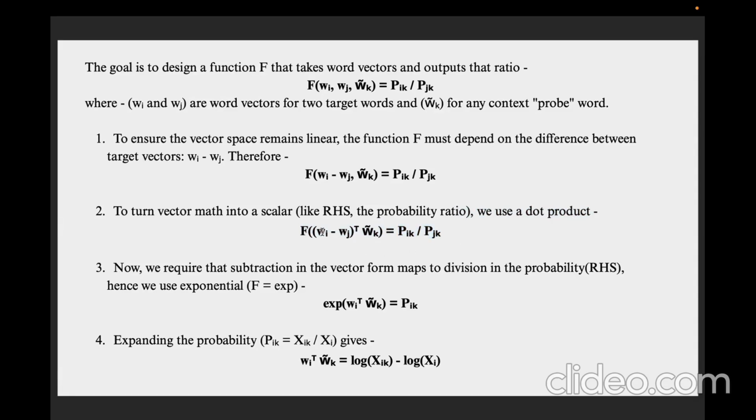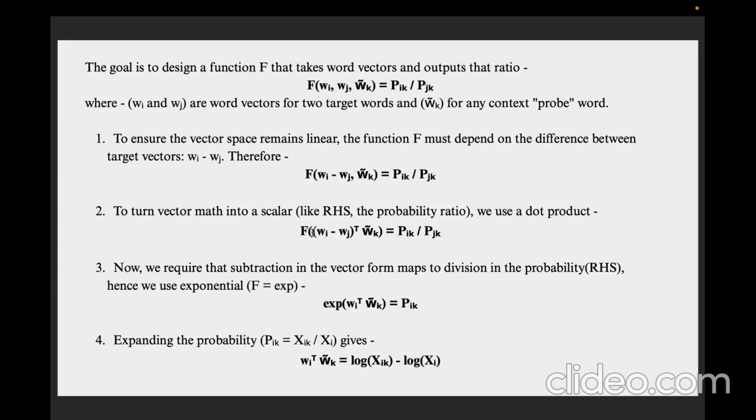Now, we want subtraction to be represented as division in RHS. Two functions are good to go with this type of arrangement. One of which is exponential, the second could have been logarithm as well. Over here we utilize exponential.